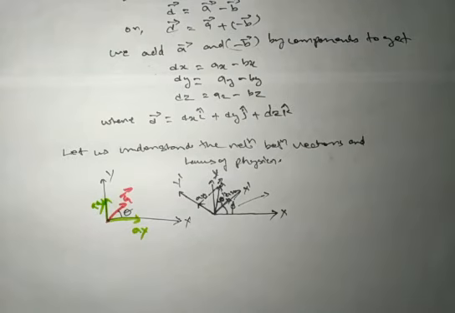So the question is, which is the right pair of components? How can we choose the right components for this vector A?